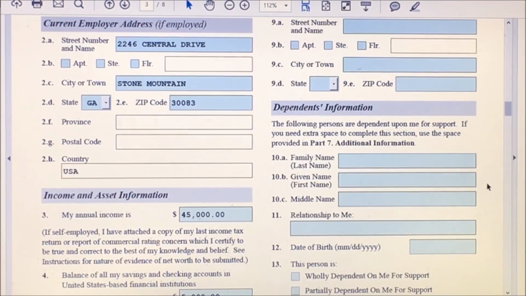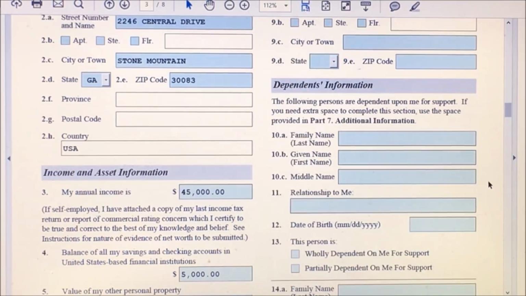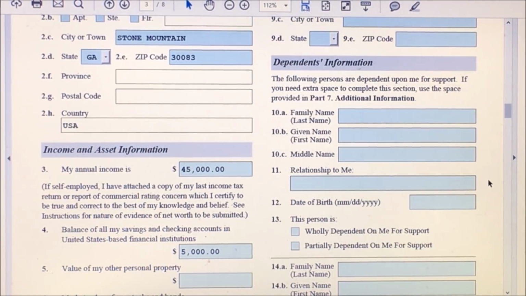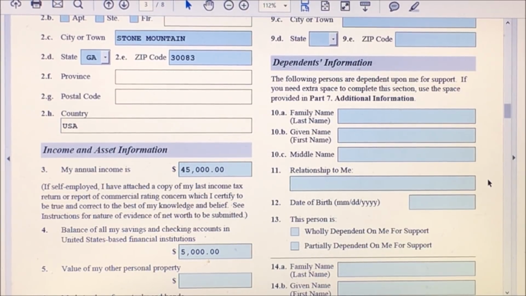Okay? Then dependents information. So you have to write the names of dependents that you include in your income tax return. This will usually be your spouse and minor children. If your spouse is not working, you can check wholly dependent. So since this is K1, fiancé visa, of course, my petitioner is single.